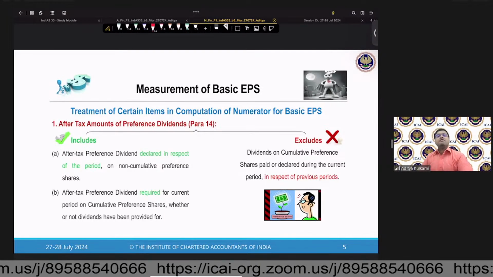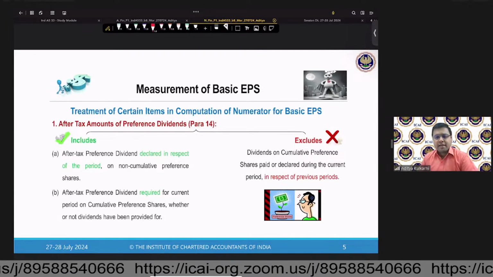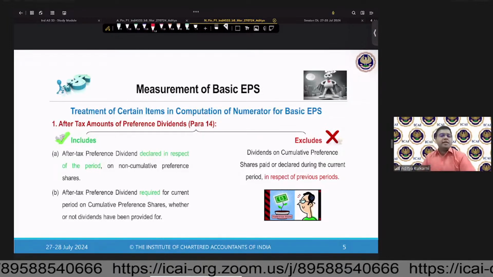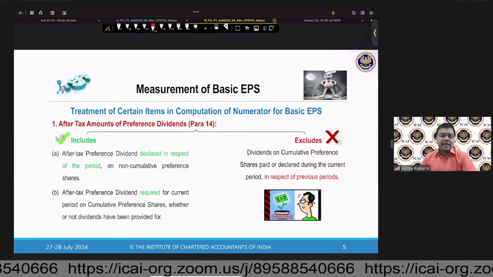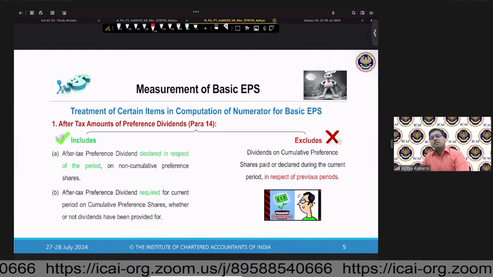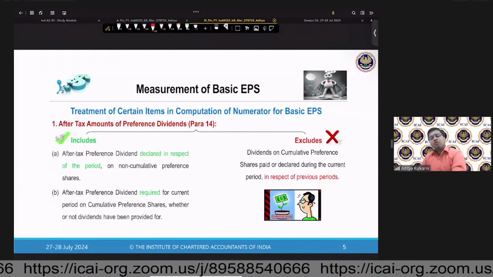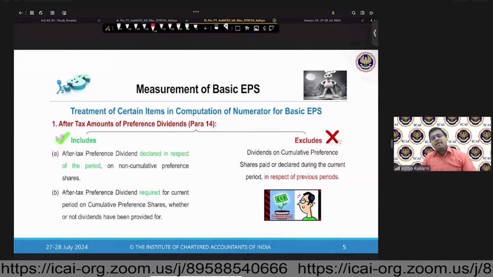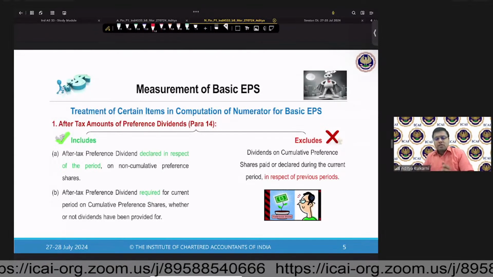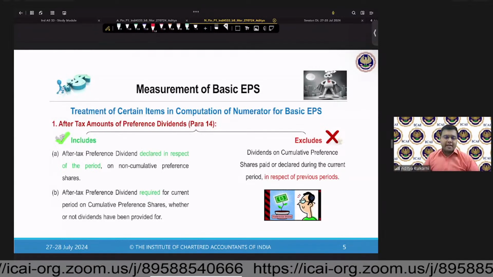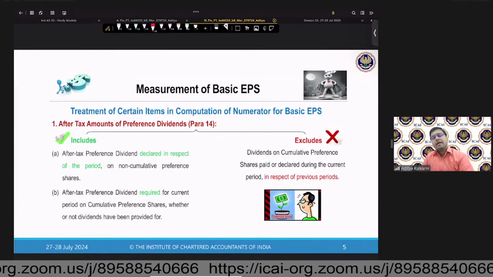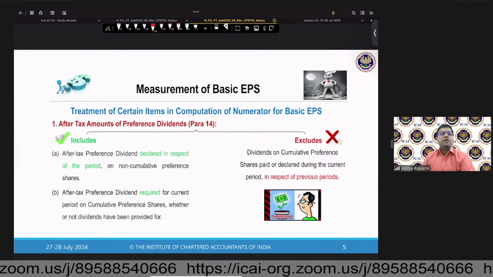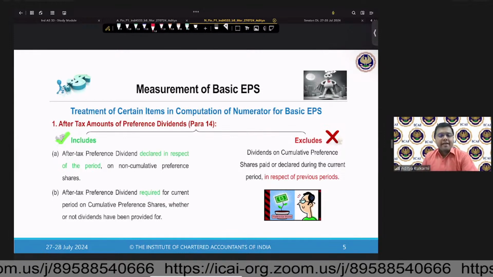When this has happened, the entity has not utilized the funds that have come in, or has partially utilized the funds before we do the buyback. So ultimately, we are not using those funds for the entire period. They were there with the company only for a short period, and that is why we use a weighted average number where time becomes the weighing factor.